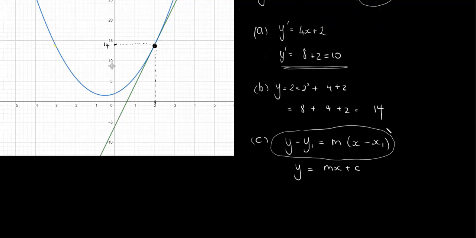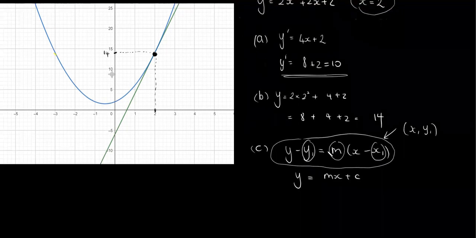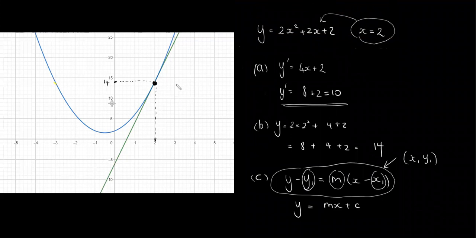This one is used when you know the gradient and you know a point that the line goes through. The point that the line goes through is given by x1, y1. So we can see that this one is going through (2, 14), and it's got a gradient of 10.